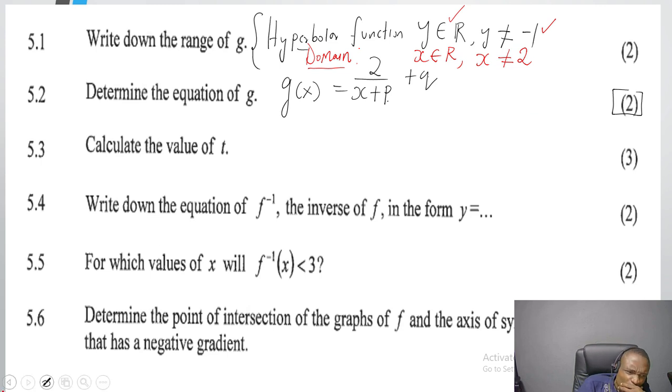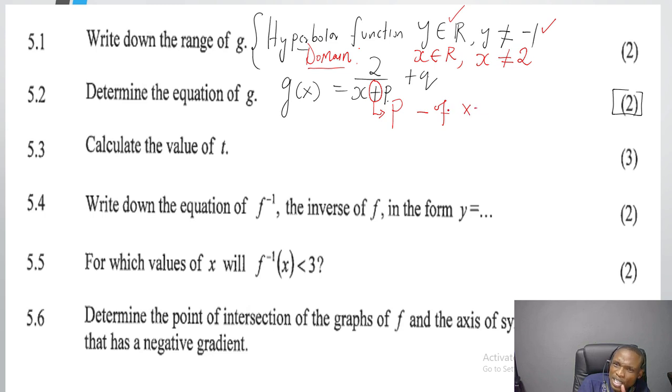Now, what will be the value of p? I'm going to circle this positive sign between x plus p. What does it imply? When you have x plus p, with a positive sign, it means that p is going to be the negative of the x asymptote.